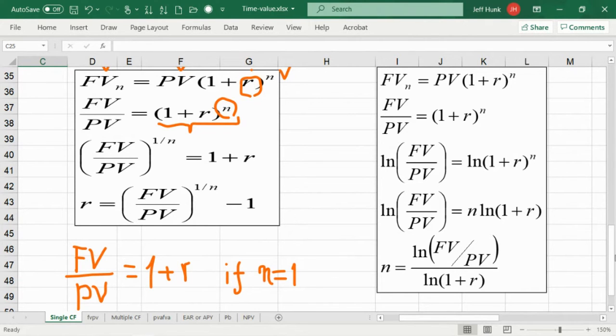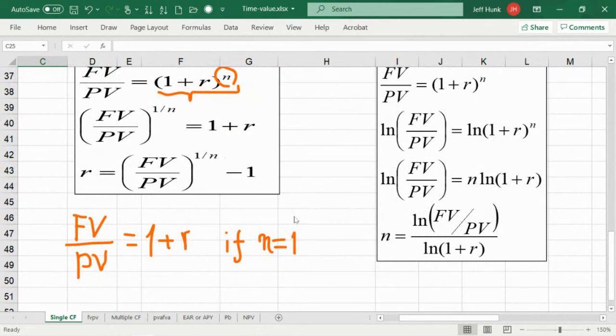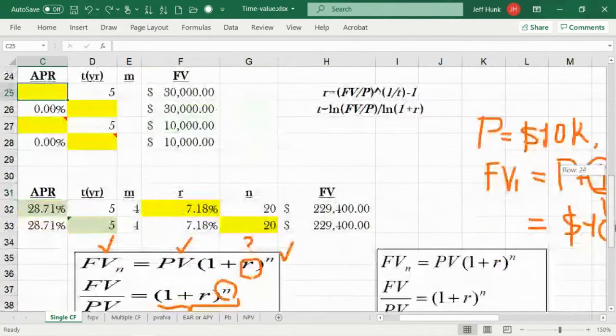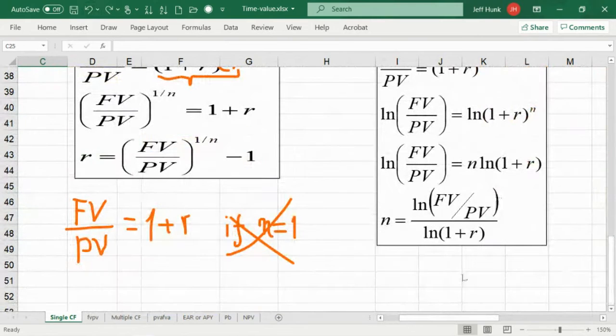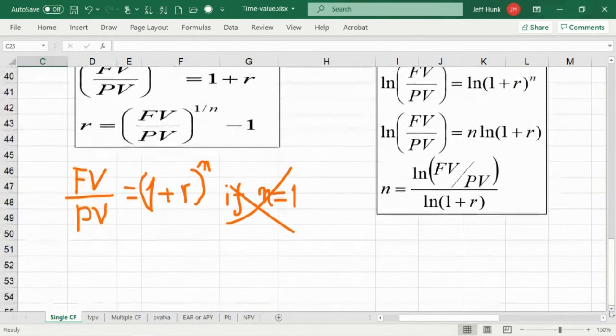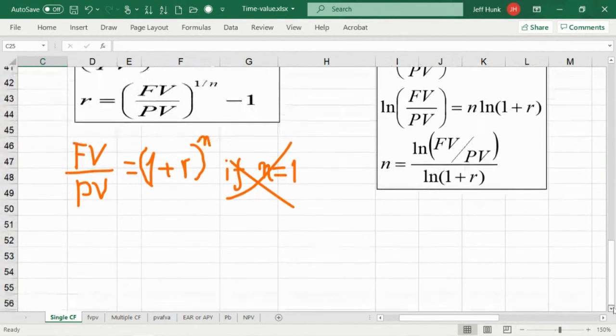But then it's not the case, right? N is not 1, so we're still stuck here. Then, the point is we need to lose n, right? We need to open the exponent. How do you open? How do you lose the exponent?